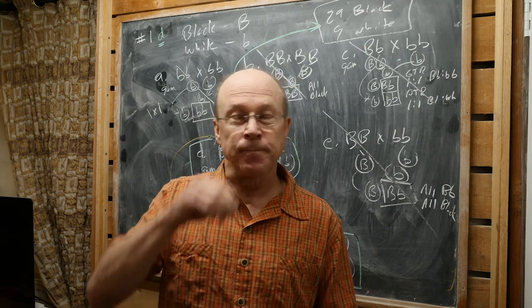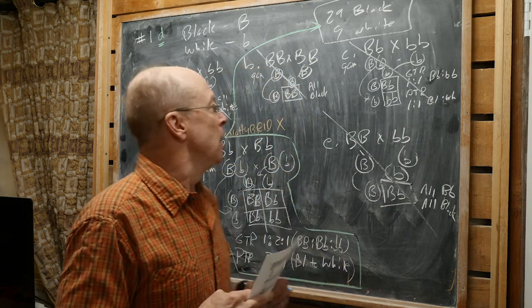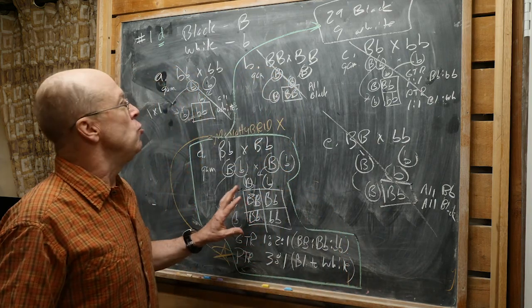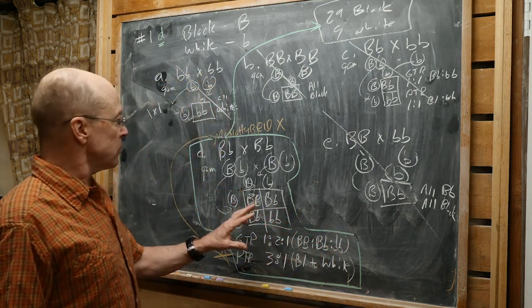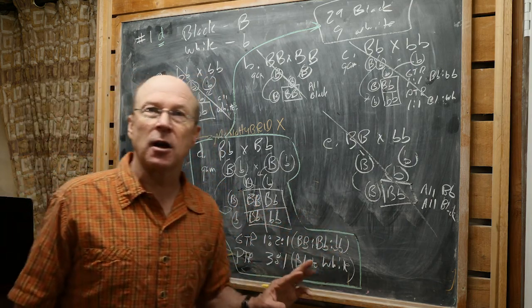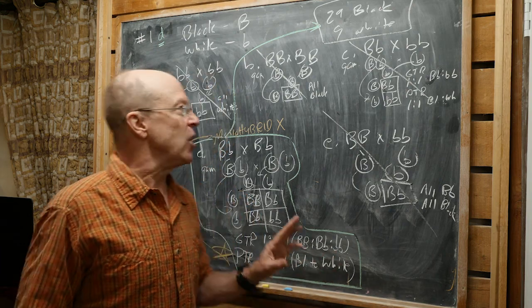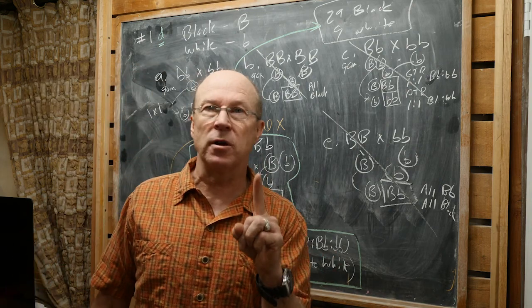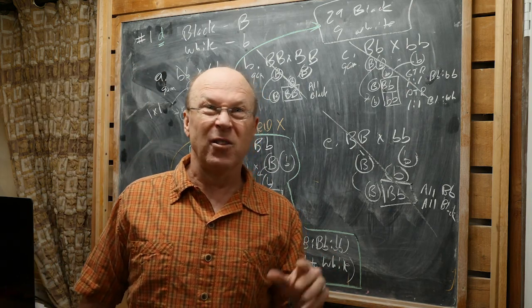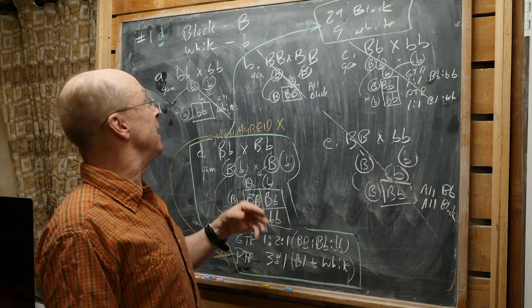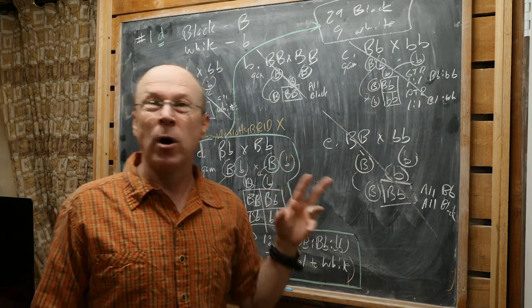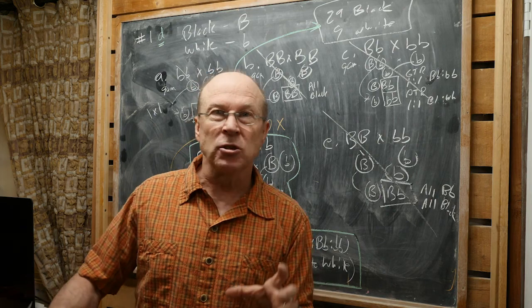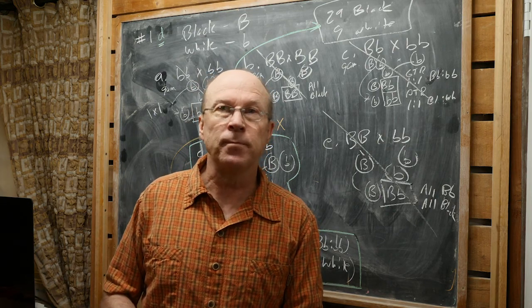One last note is that you may see in books a non-reductionist Punnett square, in which case anytime you're dealing with one locus you do a 2 by 2. This 1 by 1 business of mine and this 2 by 1 business of mine, it's reductionist because it saves a bit of work.